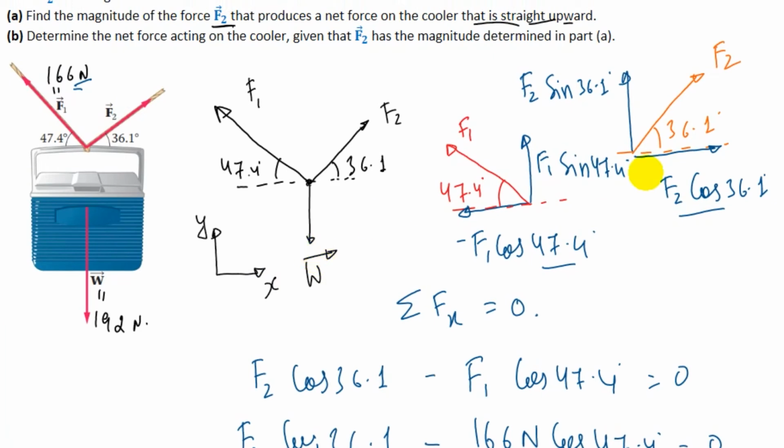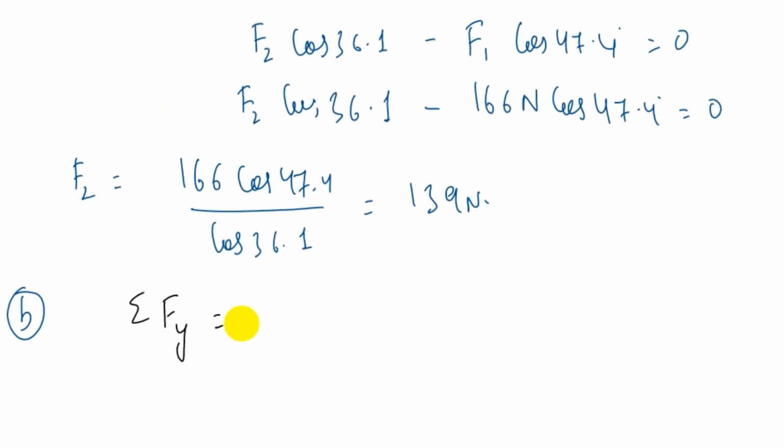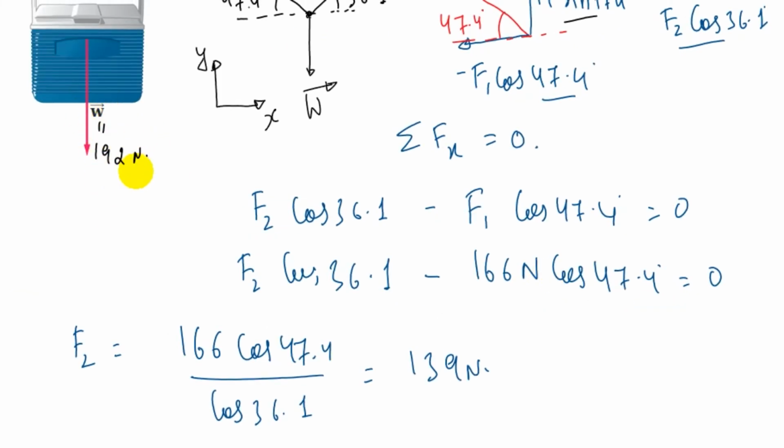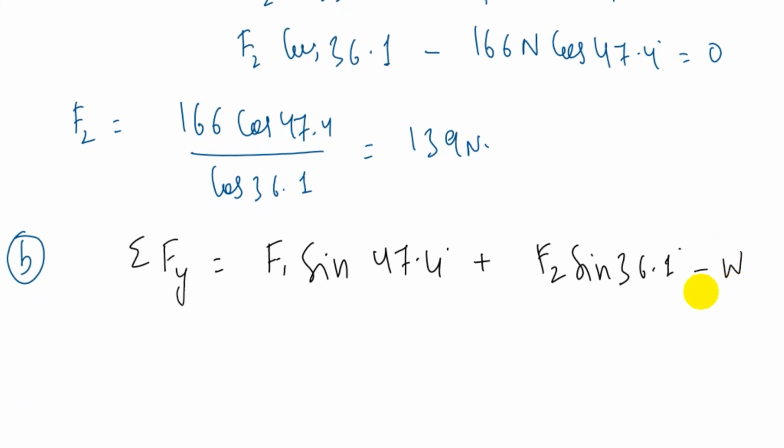One is this W, then two, this one and this one. So we can write F net along the y direction as F1 sine 47.4 degrees, plus F2 sine 36.1 degrees. Then W is along the negative y, so we write this as minus W.